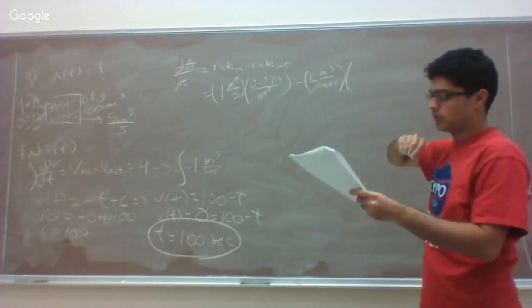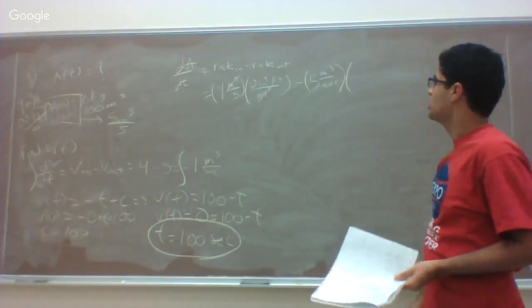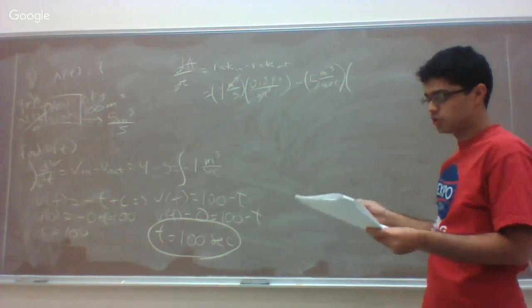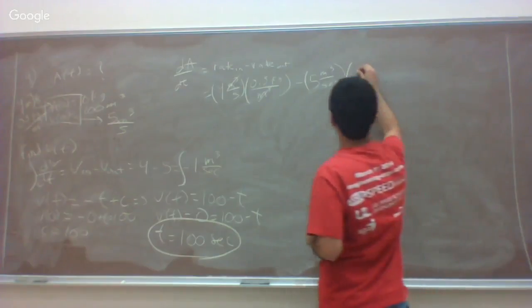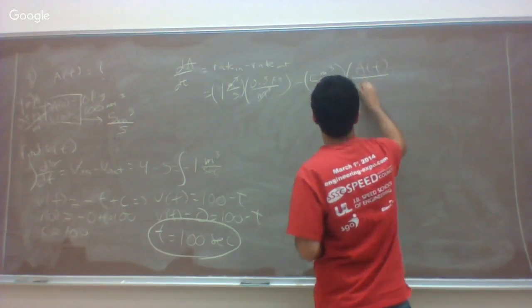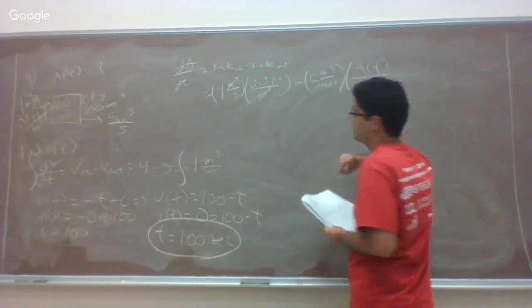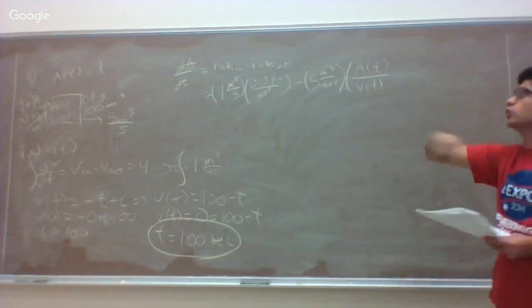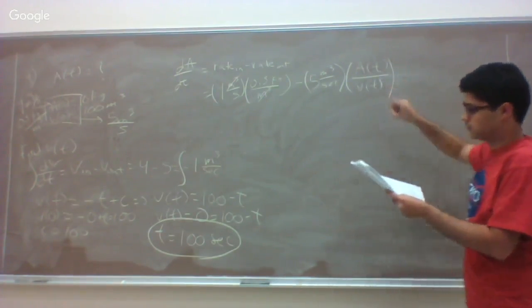Now here's where you may have variability. We don't know the concentration going out. The concentration going out is a function of the amount in the tank divided by the volume of the tank. Okay? So we're looking for this equation, A of t.